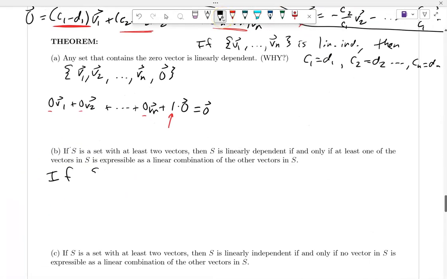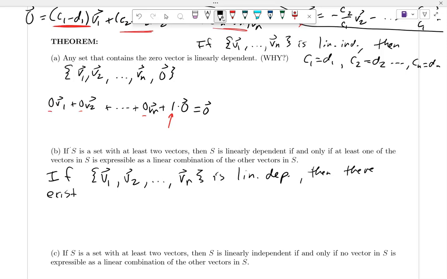So that's the idea. I'll just write it out down here so it's in the same spot. If your V1, V2 out to Vn is linearly dependent, then there exists C1 V1 plus C2 V2 out to Cn Vn.